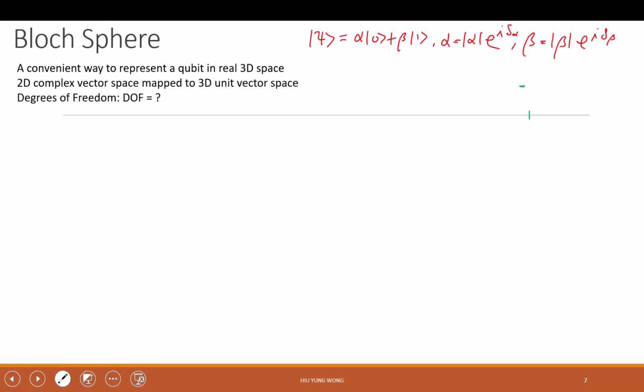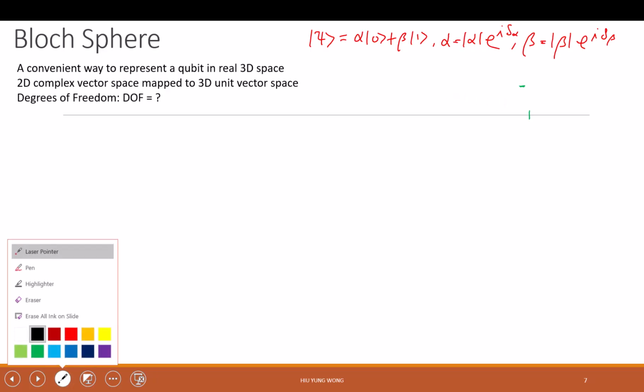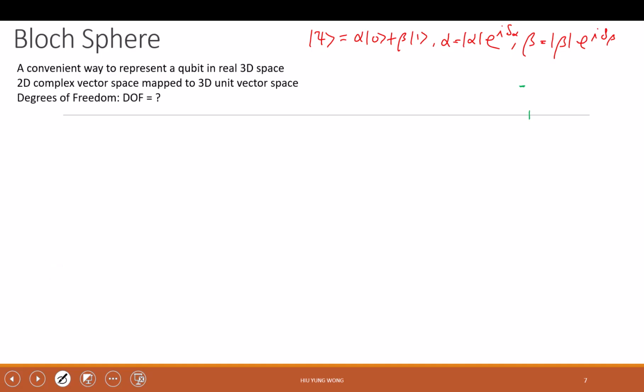Okay, I'm going to stop you because you say 4 parameters, and what you're going to say is the next step. So yes, 4 degrees of freedom. Very good. I need to fix alpha magnitude, beta magnitude, delta alpha, and delta beta. All right? Once I fix these 4 parameters, then I'm done. That is the unique state that I have.